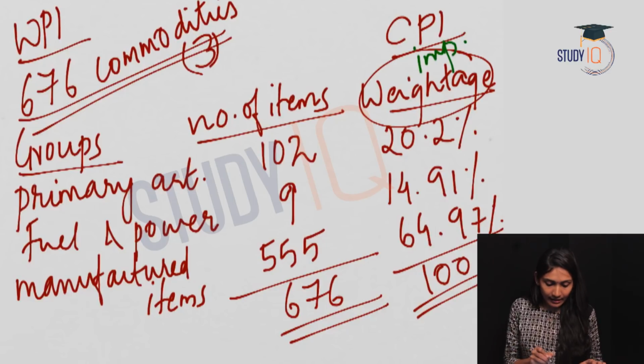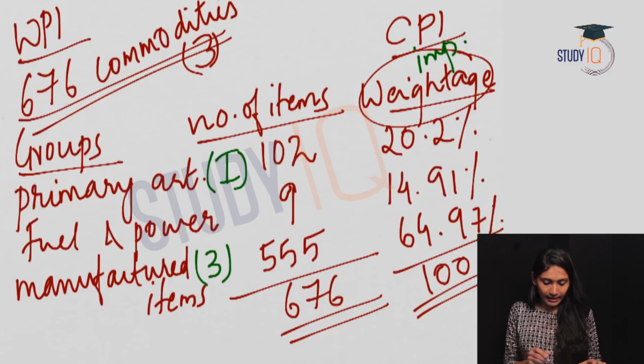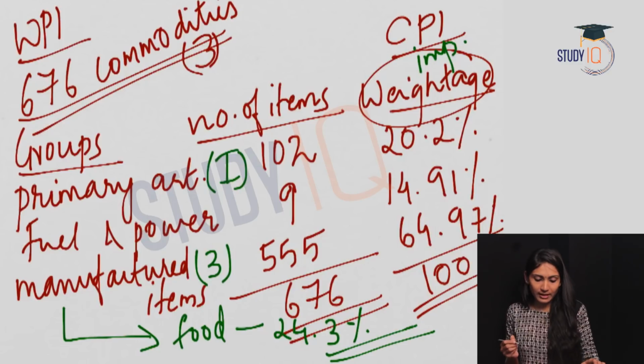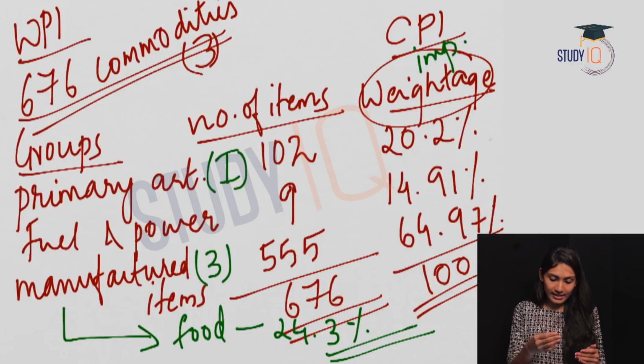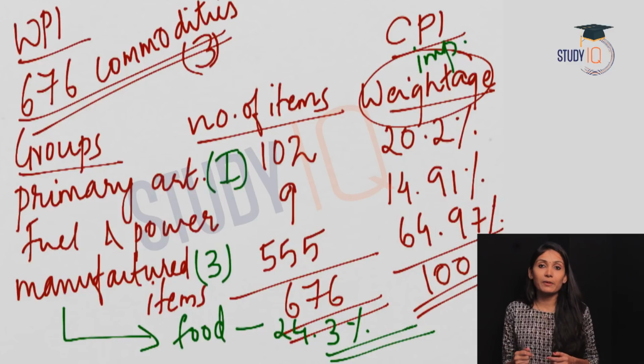And taking commodities from the first group, that is the primary articles, and the third group, that is manufactured items, which constitute food items, will contribute 24.3%. The weightage is 24.3%. So, when we take commodities from first and third group which are of food items, the weightage is 24.3%.